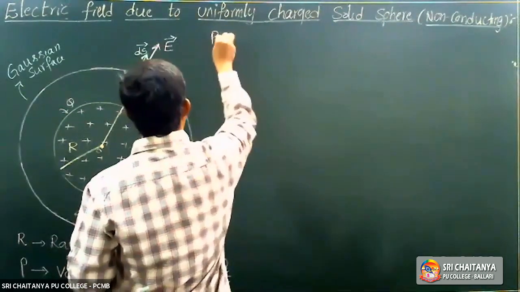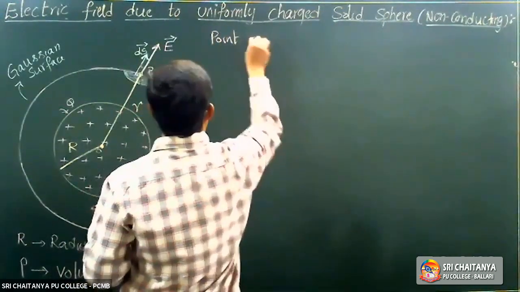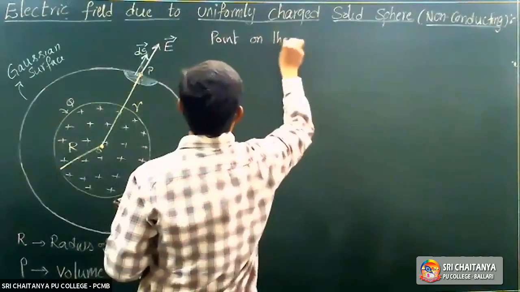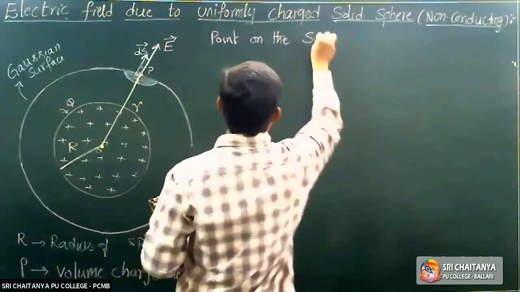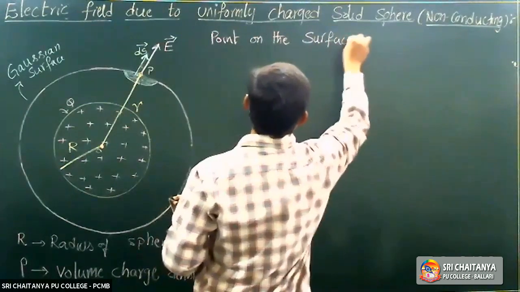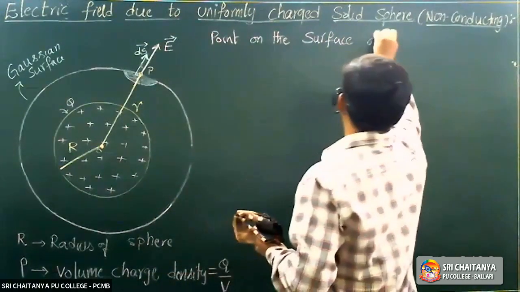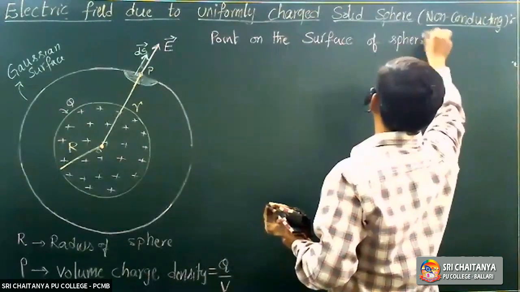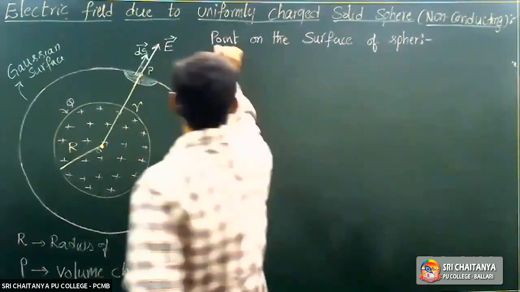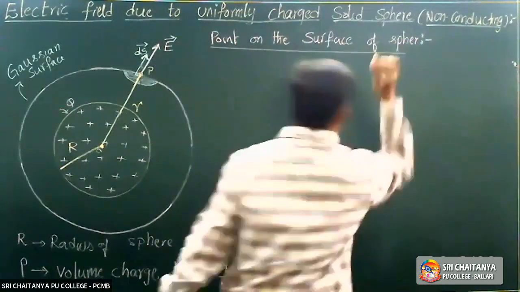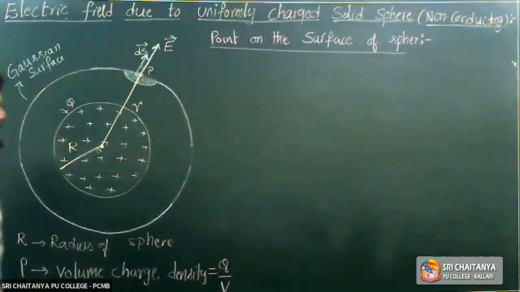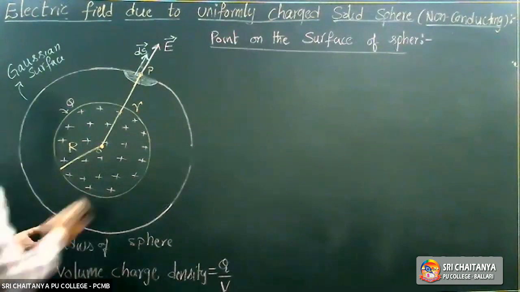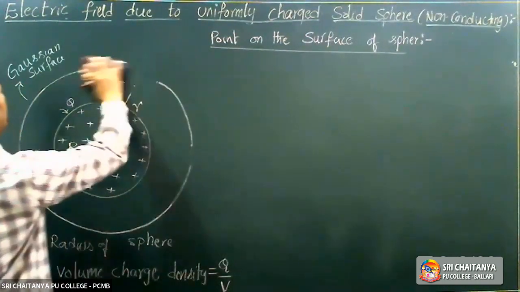For the point on the surface of the sphere. Point on the surface of the sphere. See, the simple way is what? See here. Now, what is the diagram for that?